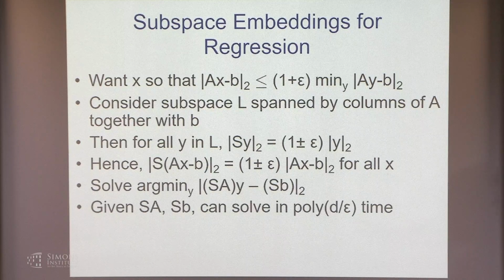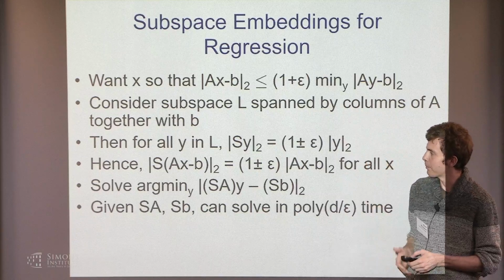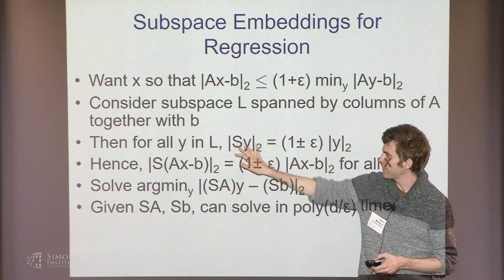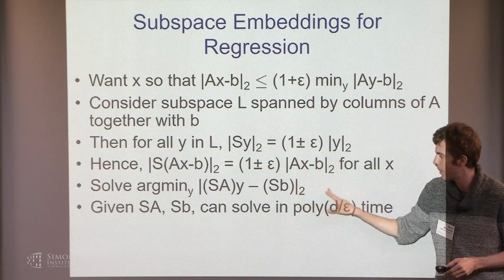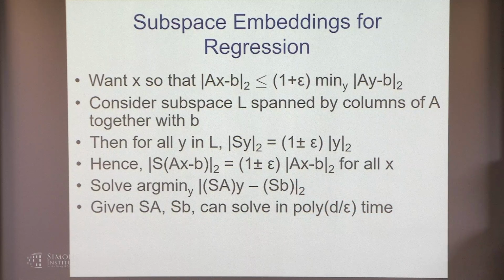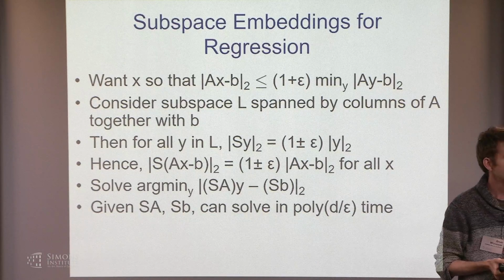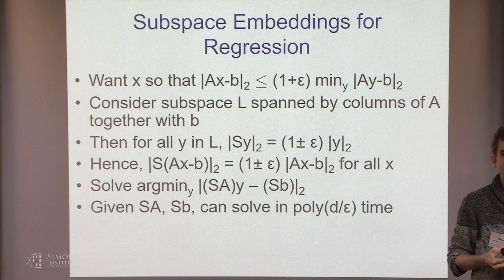As I said, for normal random variables, the number of rows of S, which I was calling K, is d over epsilon squared. So the time to solve this small problem is roughly d cubed over epsilon squared, and you can accelerate that with fast matrix multiplication. Any questions on this?